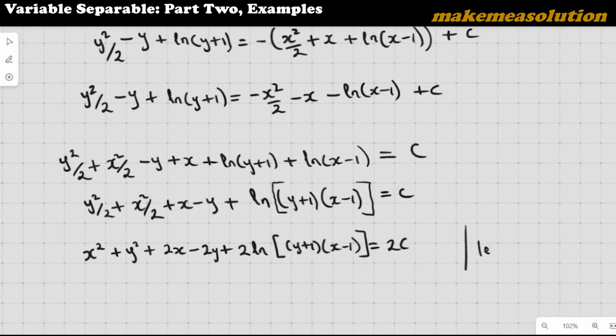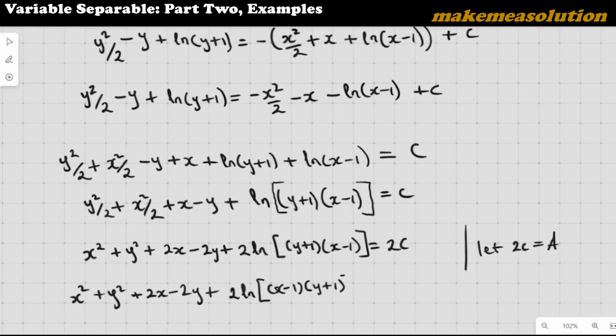So you can let 2c be a, for instance. So you have x squared plus y squared plus 2x minus 2y plus, you have what, 2 ln x minus 1, sorry about that, y plus 1 is equal to a.